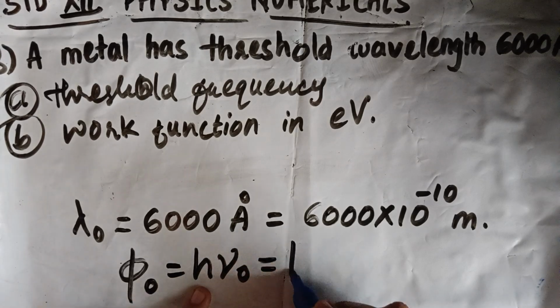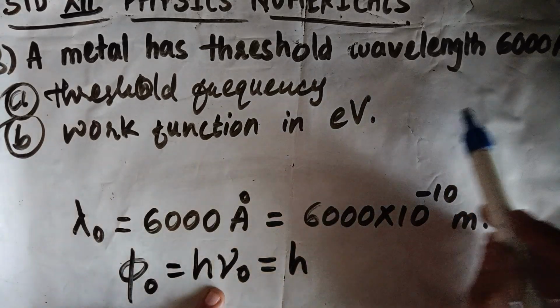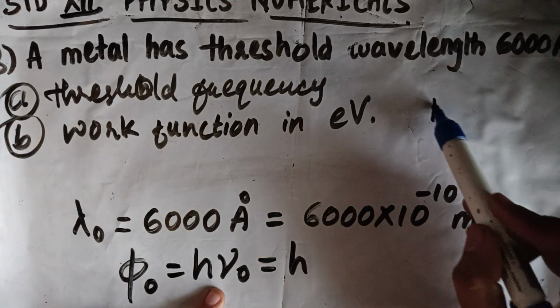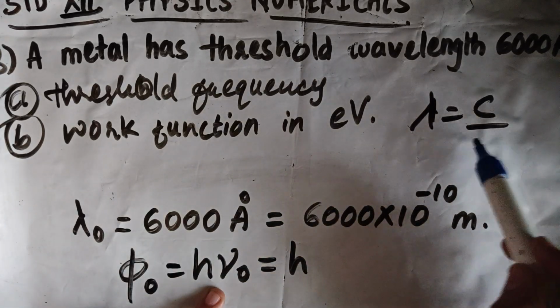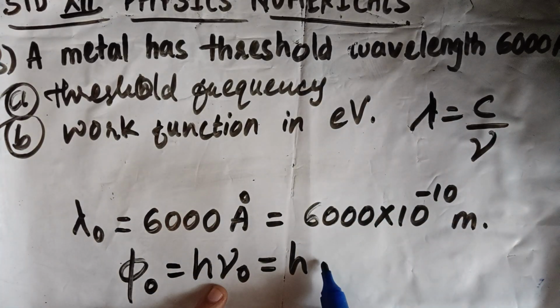So h value we know. How do we write frequency in terms of wavelength? We know that lambda is equal to c upon nu, so we can write nu as c upon lambda.